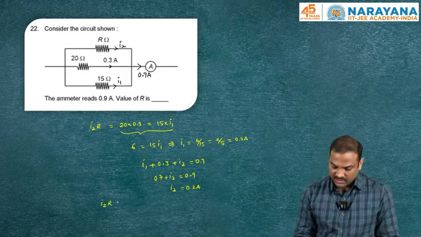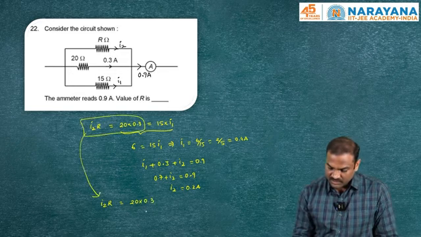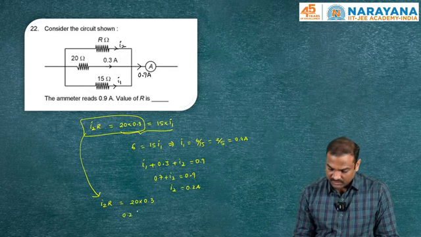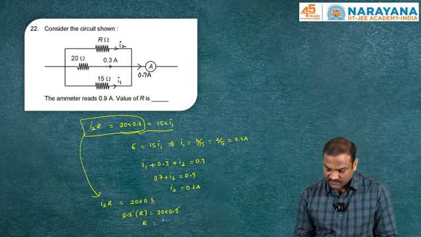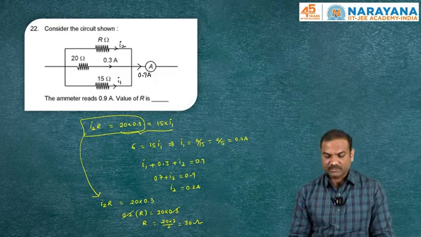I2 into R is equal to 20 into 0.3. I'm taking the first part now. So 0.2 into R is equal to 20 into 0.3. Then R value is equal to 20 into 3 by 2, it is 30 ohm. So the required answer is 30 ohm.